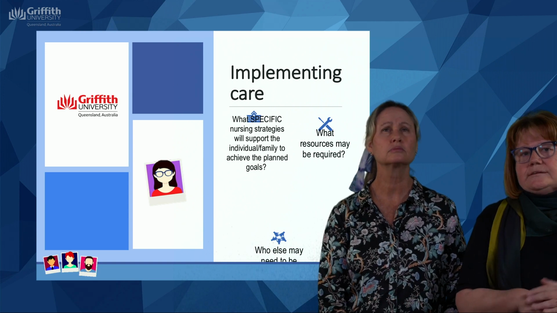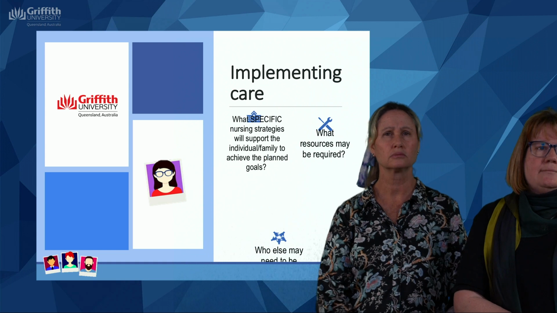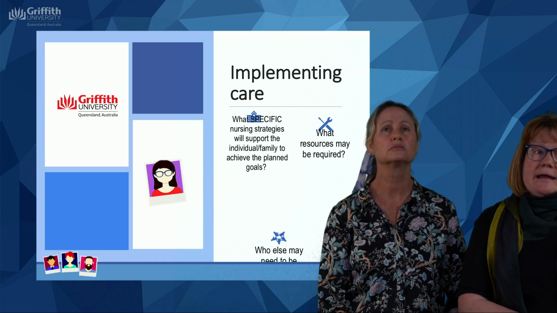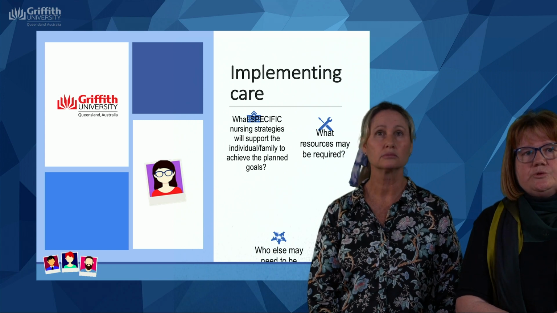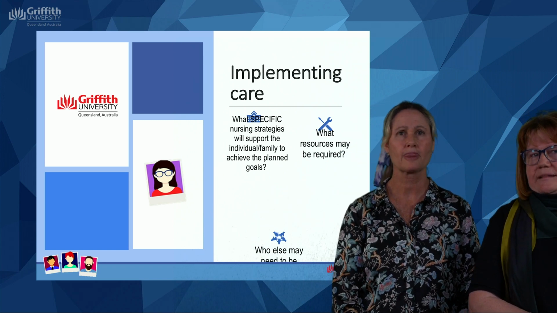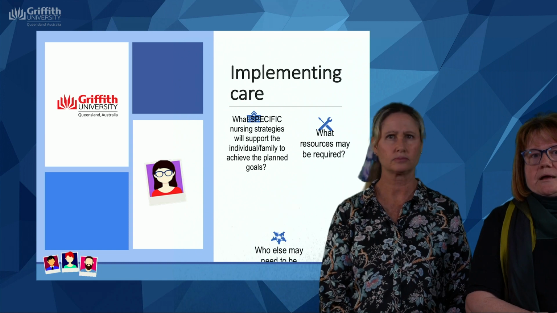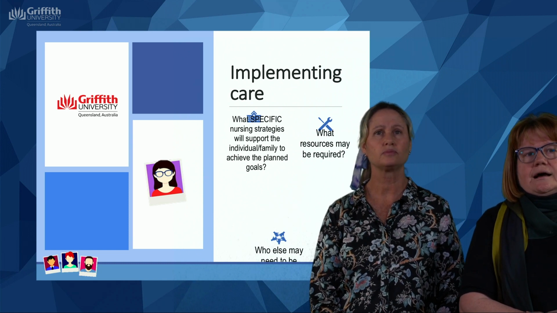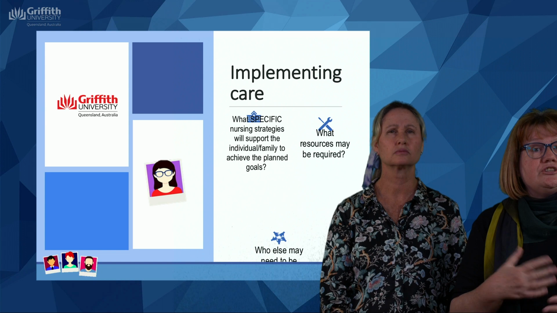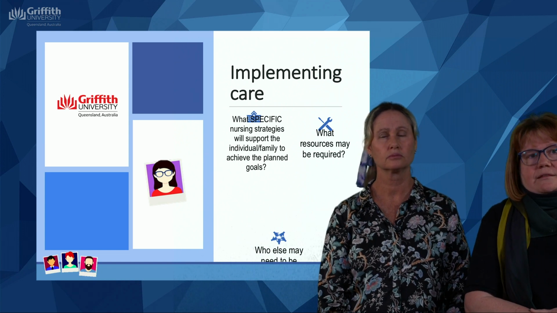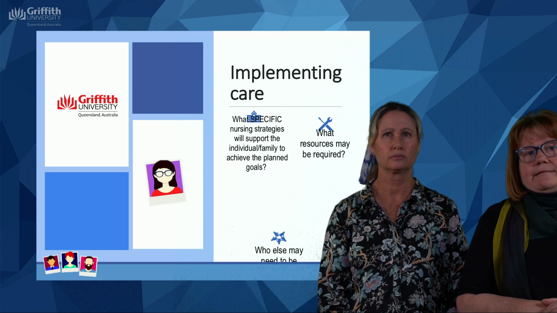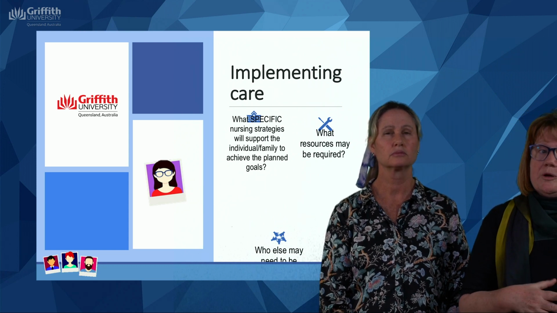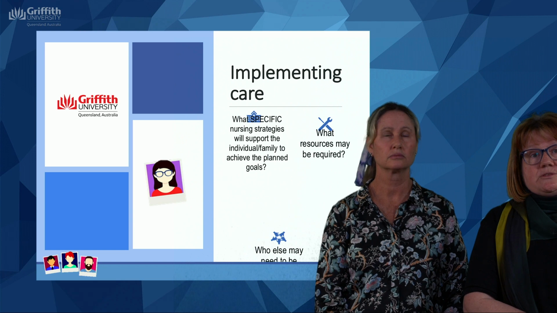So if we've helped her to set some goals around care, and it may not have been in that interaction where she was quite distressed, thinking about the types of nursing strategies that you might be able to use to support her mental health, so that she can get through the pregnancy healthy, deliver a healthy baby, and have that support. If it's not from her partner, then from other family members or friends.